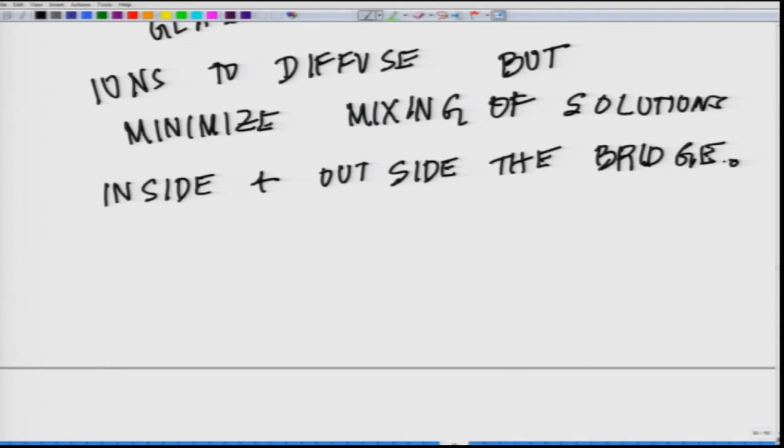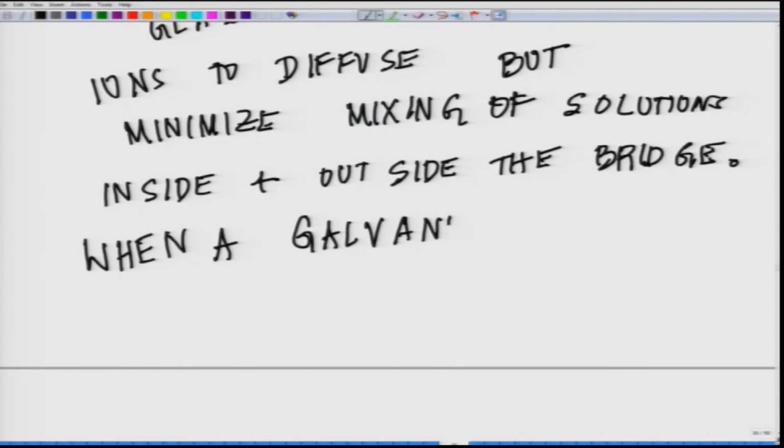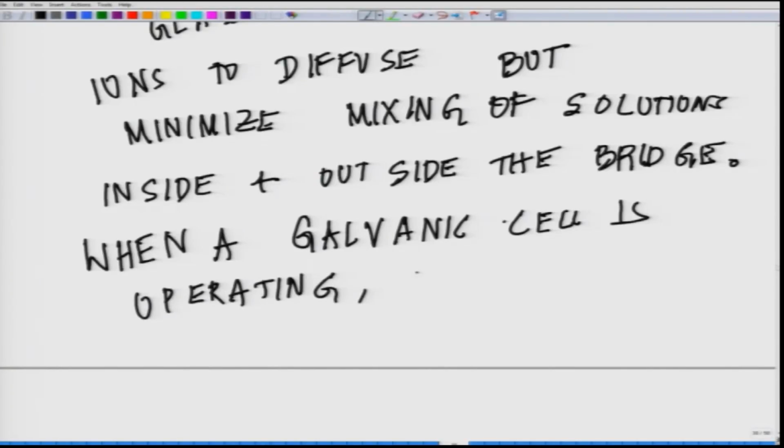So, it will not allow any further mixing. So, when the galvanic cell is operating, then potassium, so I haven't introduced this, I will complete the drawing.